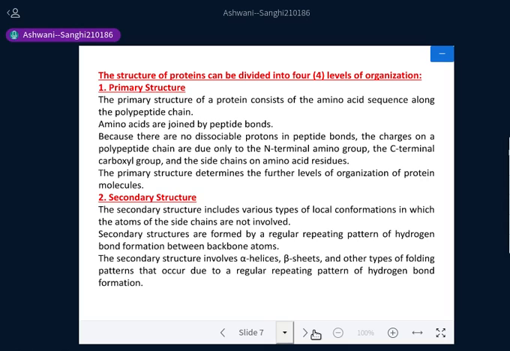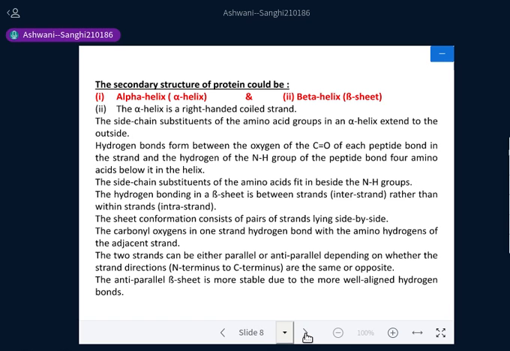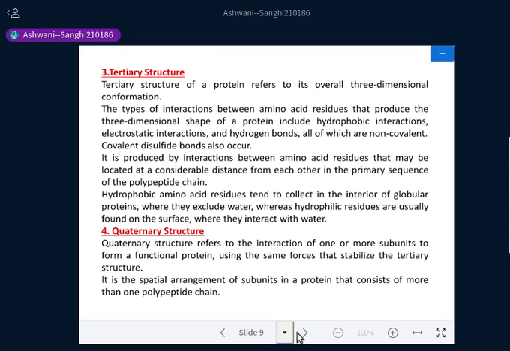Then, classification of proteins. On the basis of structural complexity, proteins are classified into four types: primary structure, secondary structure, tertiary structure and quaternary structure.